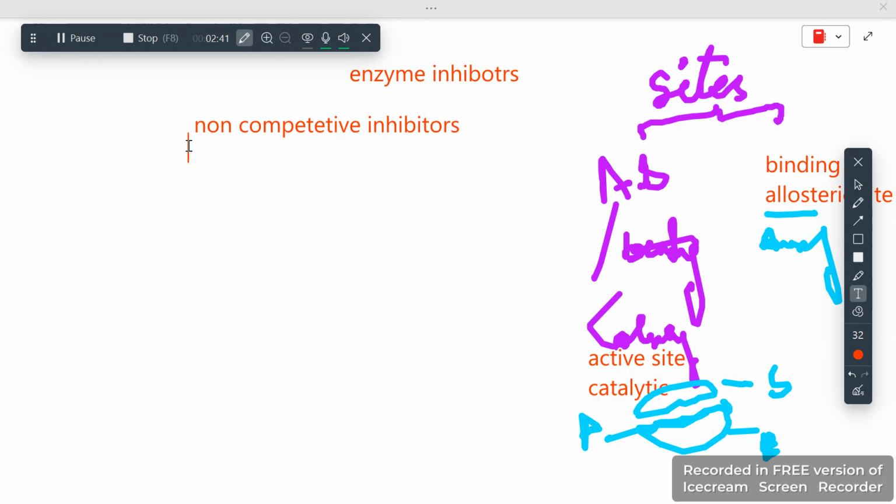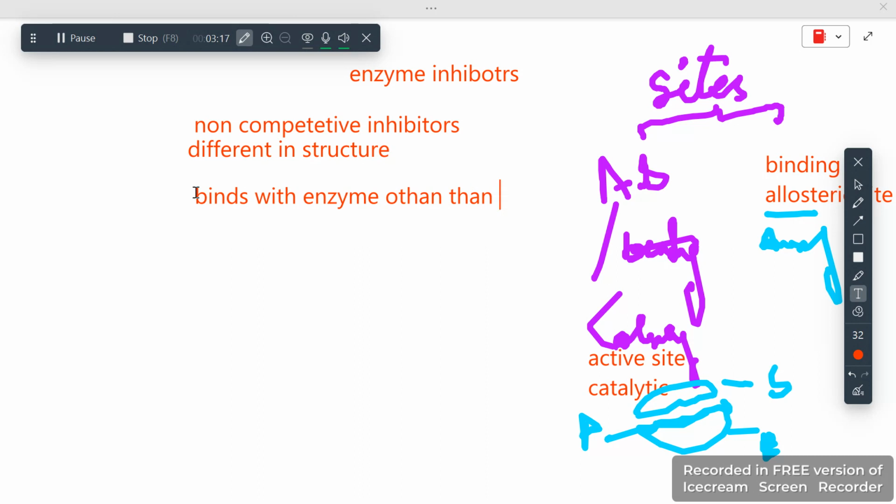Non-competitive inhibitors are different in structure from these. First, these bind to the enzyme. In the first one, competitive, they were binding with the active site, hence the word competitive. Here it is non-competitive, which means they don't have any competition, because they bind with the enzyme at a place other than the active site.